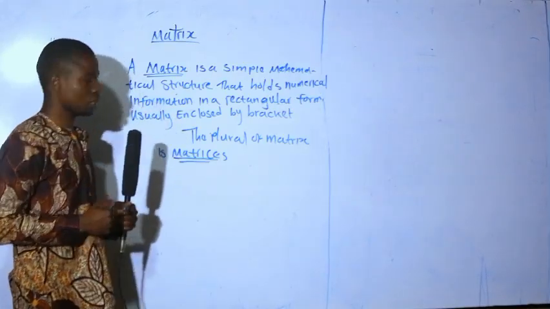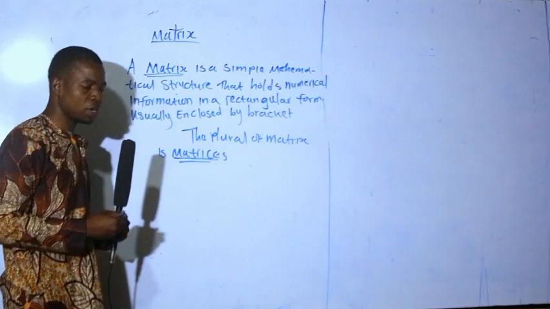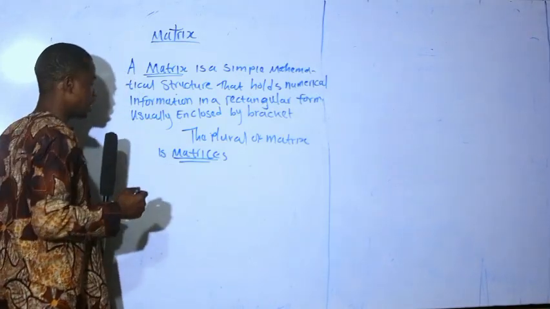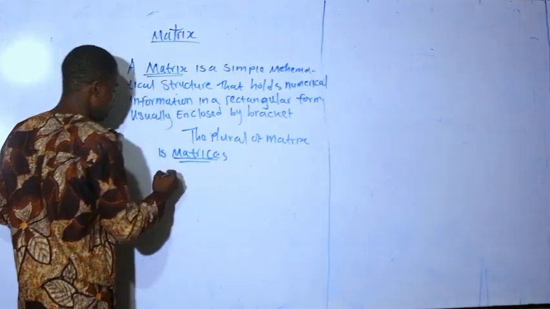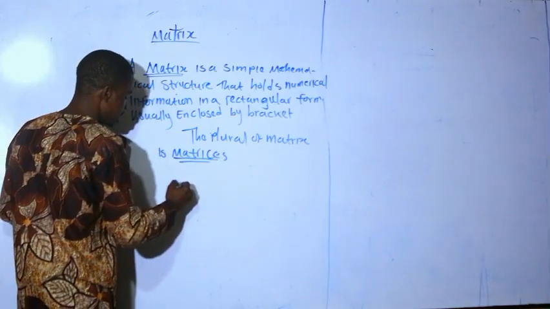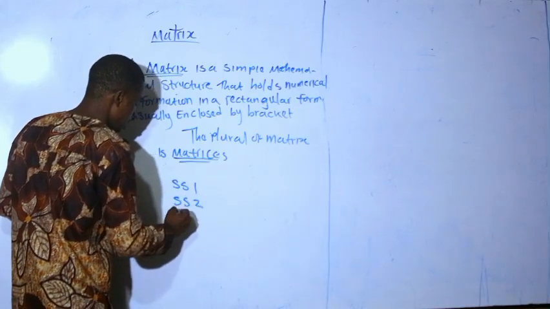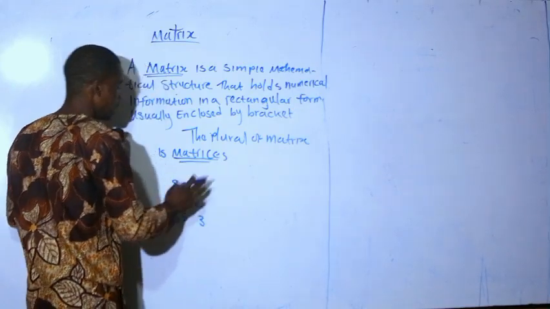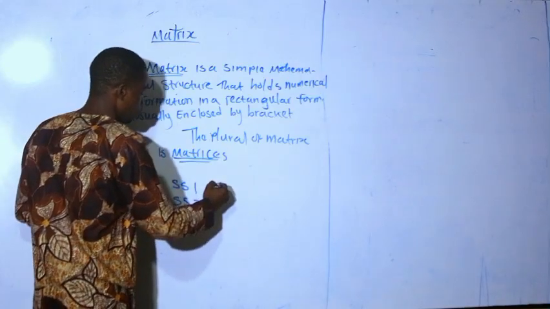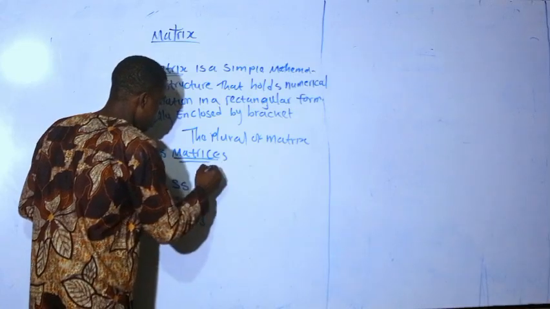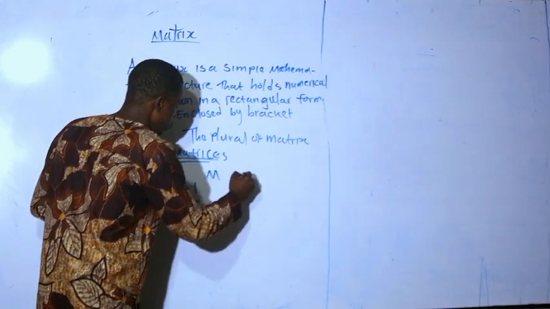What is matrix? Now, to make you understand, we are in your class, and we have SS1, SS2, SS3. In each we have male and female.